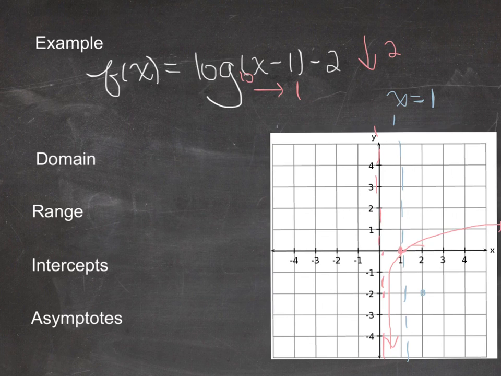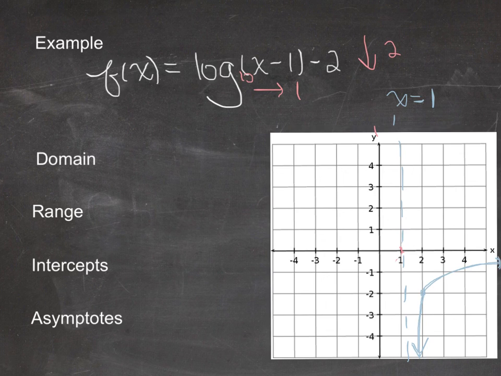I can erase my parent function and draw my new function. So as I'm decreasing, it's approaching that asymptote and then it's going like that. It should have kind of that curved shape. It's hard to draw on this iPad with this fat marker, but doing the best that I can.